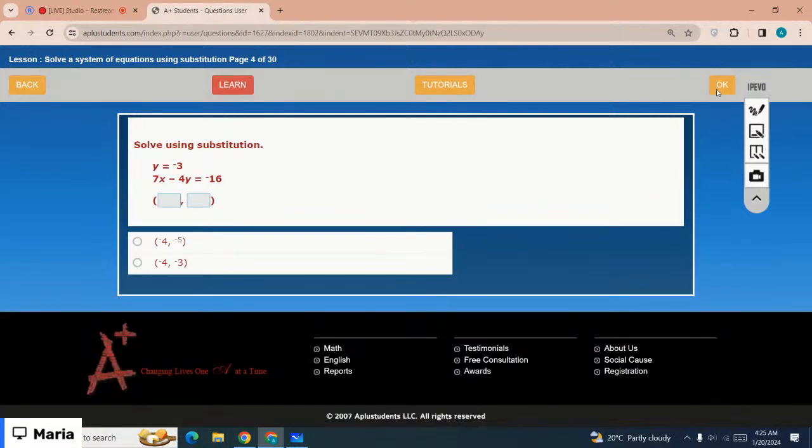Okay, solve using substitution. Which is the correct option? Solve the question in your notebook and write down the answer in the chat box. So which is the correct option?